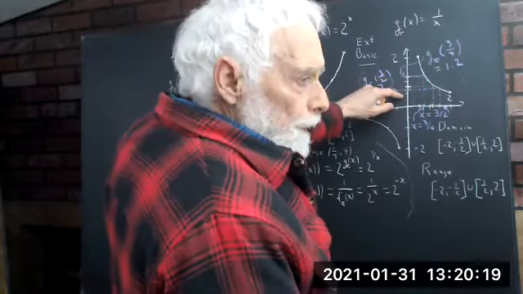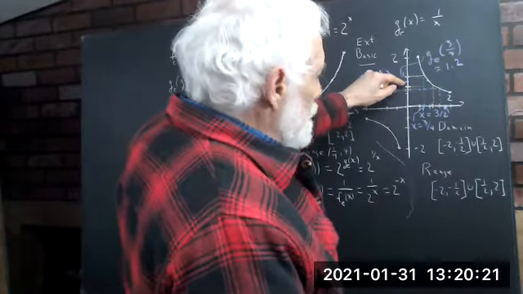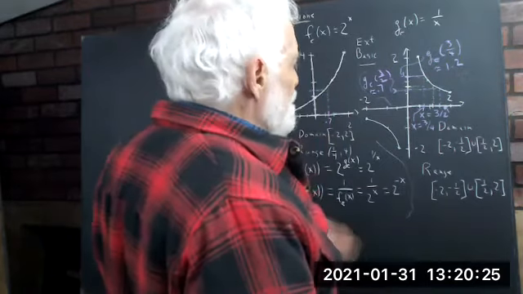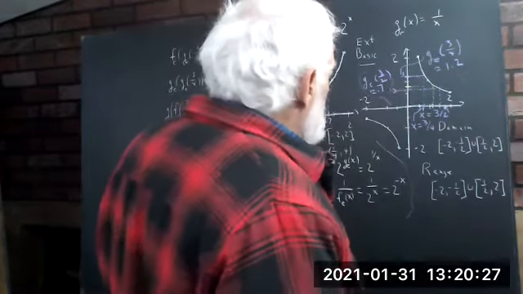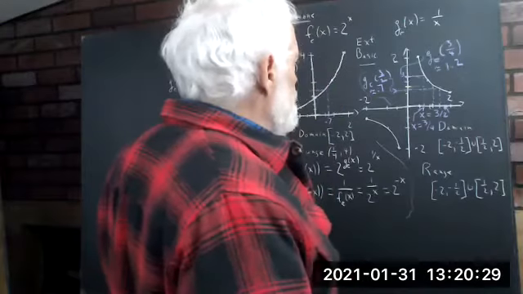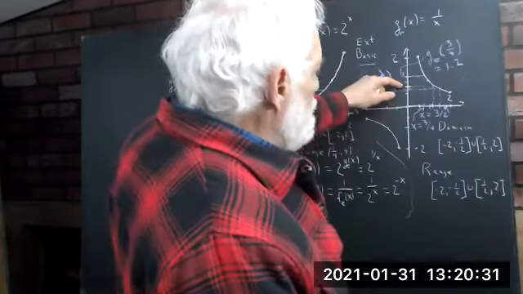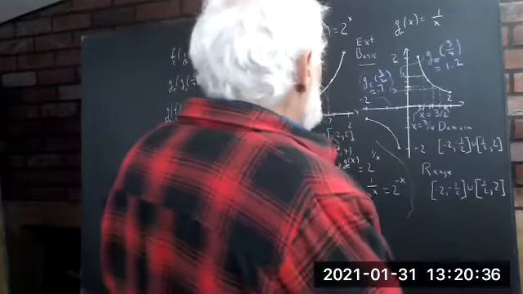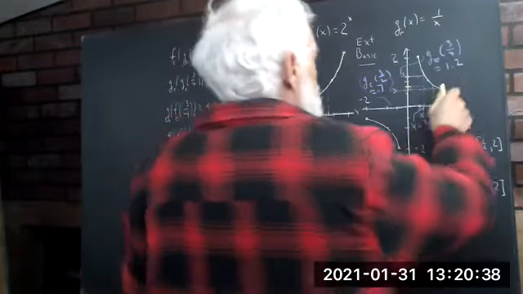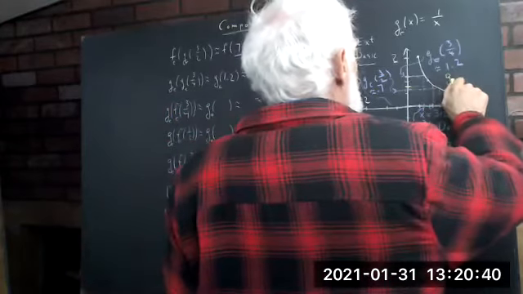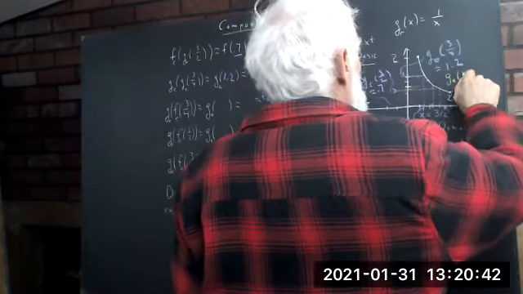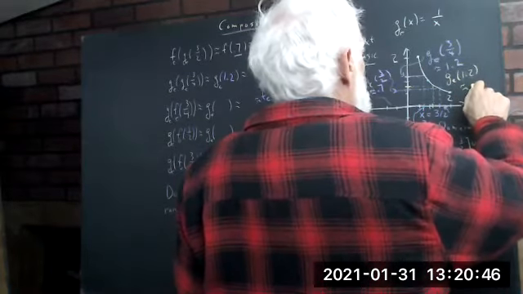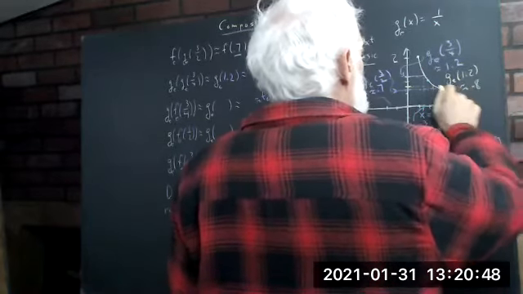If this is a half and this is 1, that looks like it's somewhere between 0.7 and 0.8. It's a little more than halfway. So I'm going to say it's probably closer to 0.8 than it is 0.7. And then I'm going to say that g of 1.2 approximately equals 0.8.